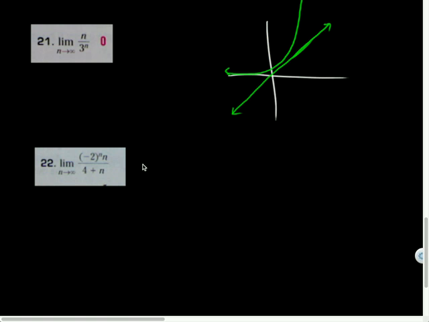But the issue is for even n, it's approaching positive infinity, and for odd n, it's going to negative infinity. So this problem disagrees with itself. Limits only exist if it's approaching the same thing, so that doesn't quite work out.